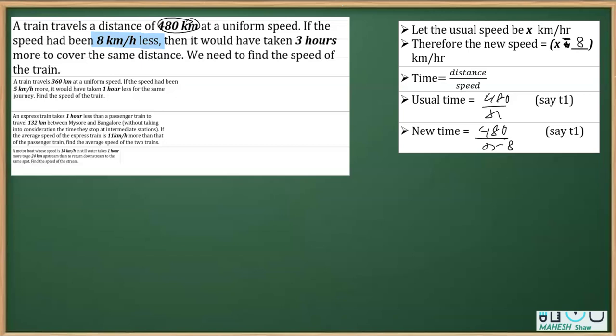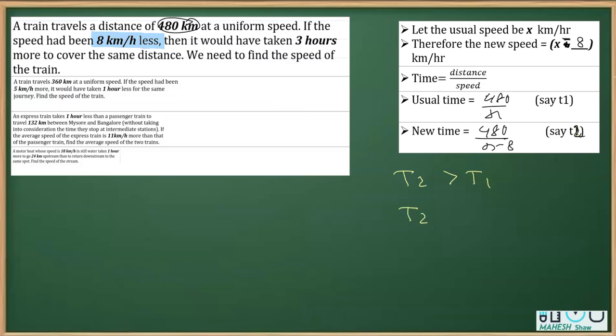Now from this equation, I've taken this as T1 and this as T2. So we can see that, as you know, to cover the same distance, the smaller the speed, the greater the time needed. So from here, we will say that T2 is greater than T1.